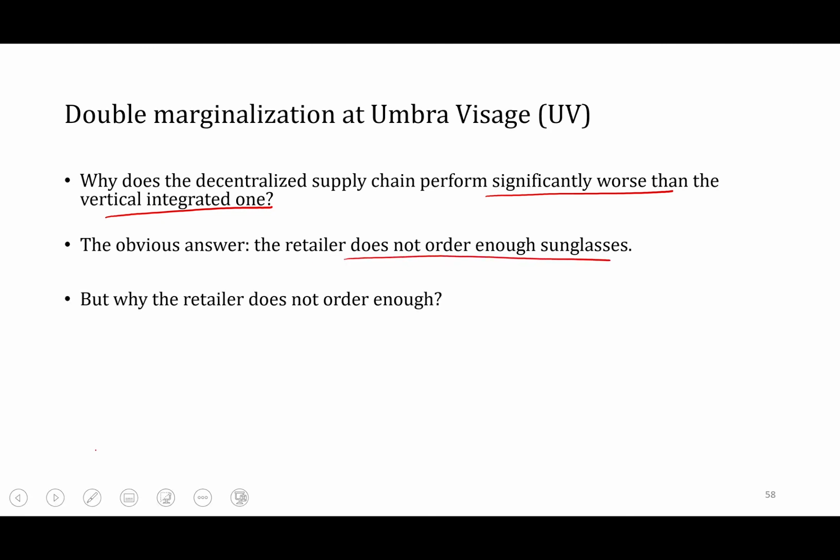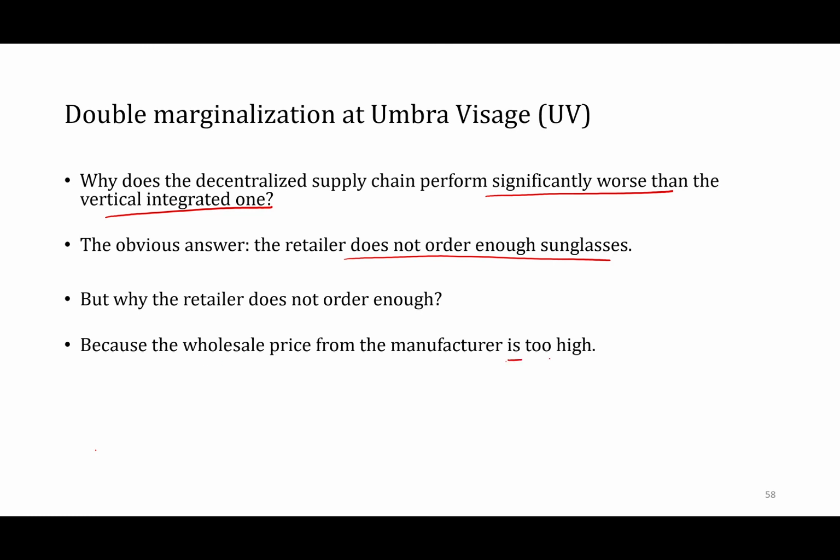And the reason why it doesn't order enough sunglasses is because it's getting hit by those margins. Okay, because the wholesale price from the manufacturers is very high, right? The wholesale price was about $75, right? If it's that high, then of course the retailer doesn't make that much money.